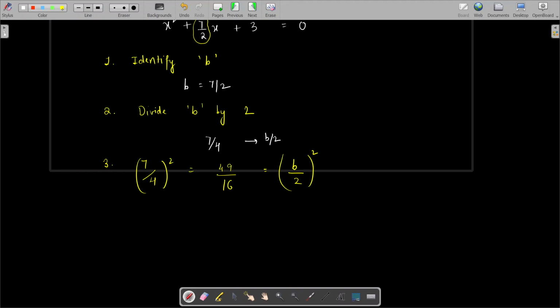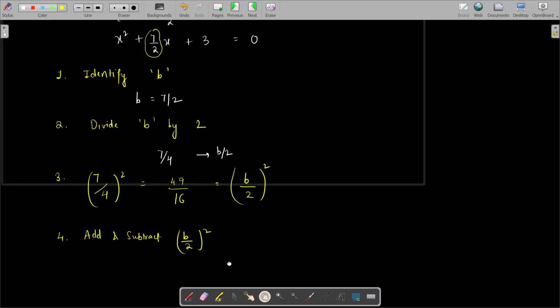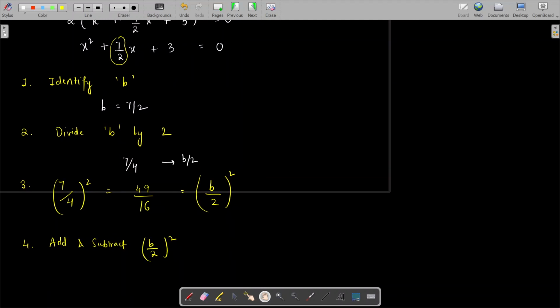Fourth step is add and subtract b over 2 whole squared to the original equation. So this was the equation: x squared plus 7 over 2 x plus 3 equals 0.